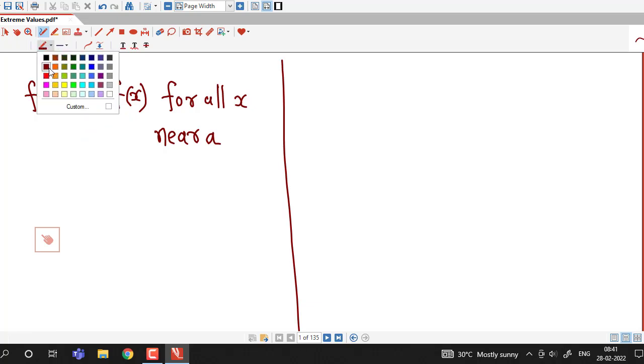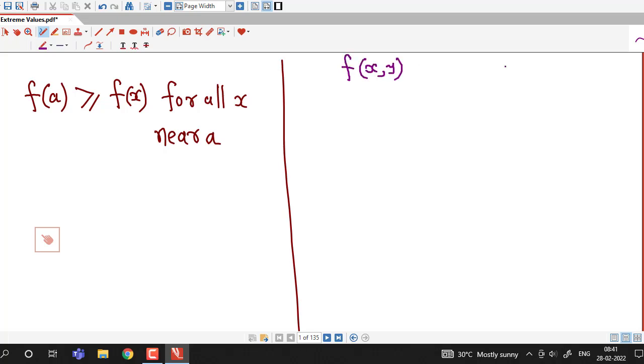Now we can generalize this to functions of two variables. Suppose I have a function of two variables, say f(x, y), and suppose I consider a point (a, b) in the domain of this function.